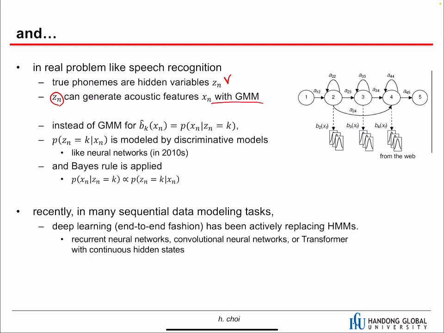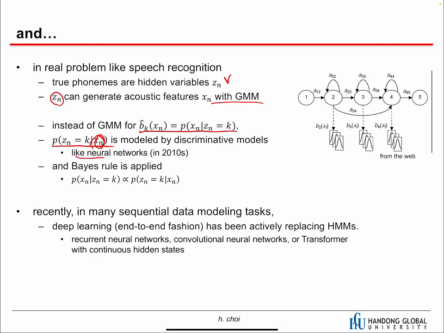That's the conceptual idea, but instead of using this emission probability directly, we actually train a recognition model, or discriminative model, because what we have is observations. Given these observations, what kind of phonemes do these acoustic features belong to? So we recognize the phonemes first.